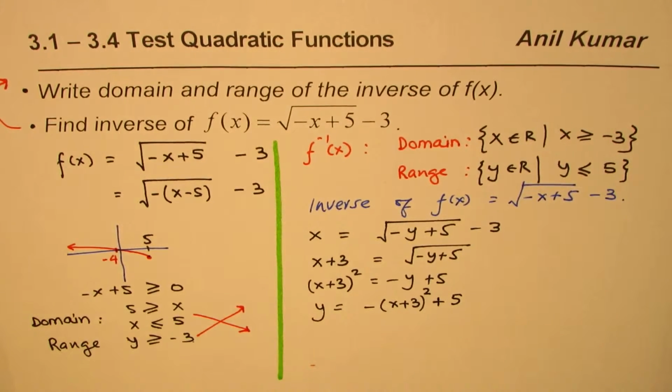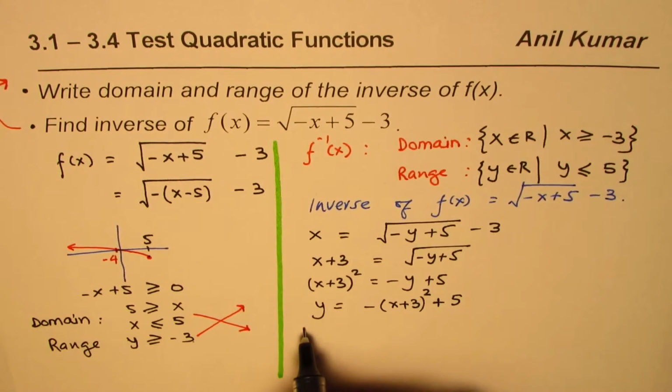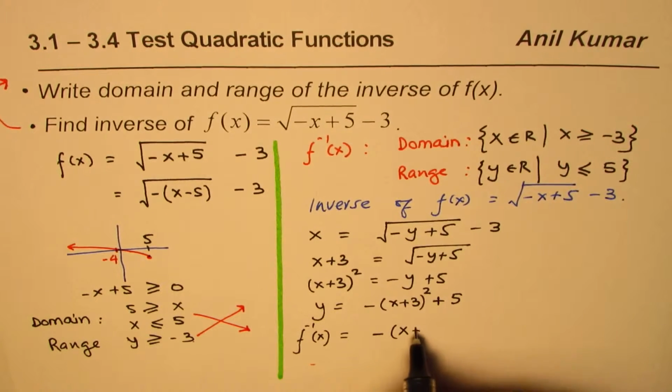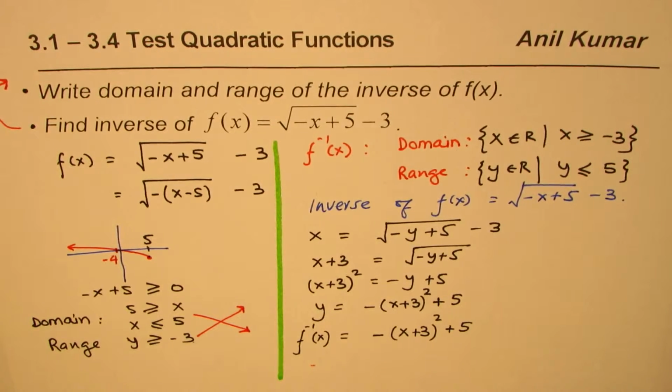So that becomes the inverse of the function. So we write f inverse of x is minus x plus 3 whole squared plus 5, correct? So that becomes the inverse.